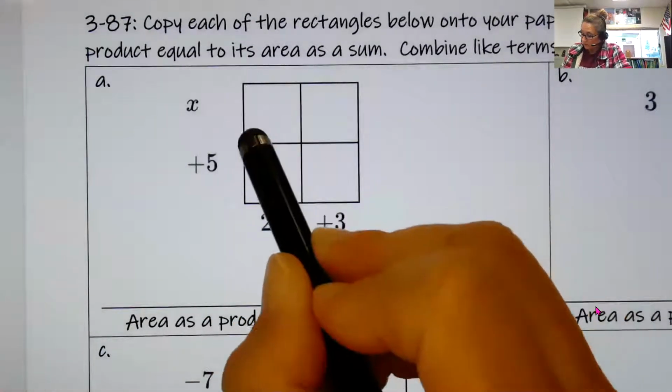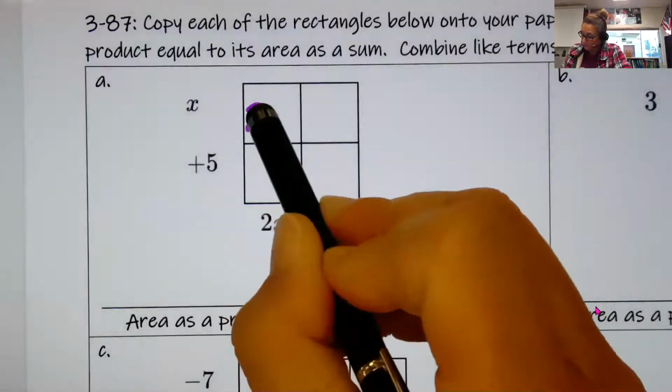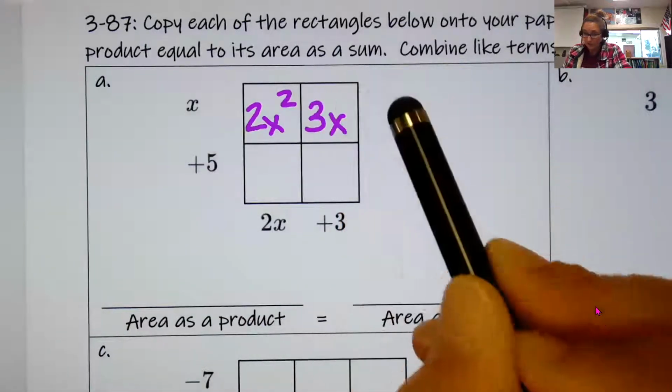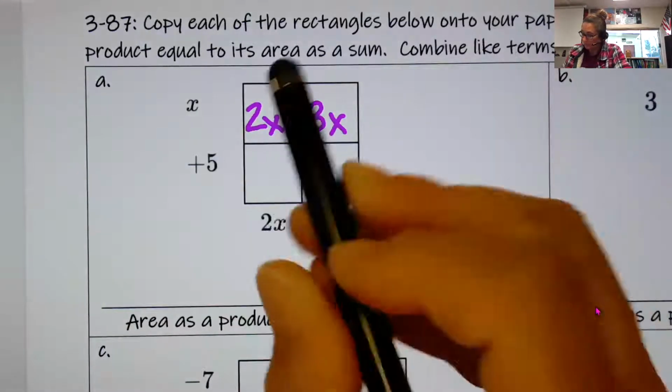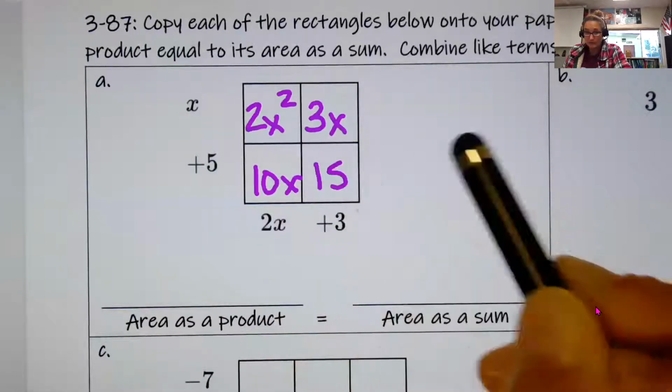So we're going to multiply x times both of these. x times 2x is 2x squared. x times 3 is positive 3x. 5 times 2x is 10x. 5 times 3 is 15.